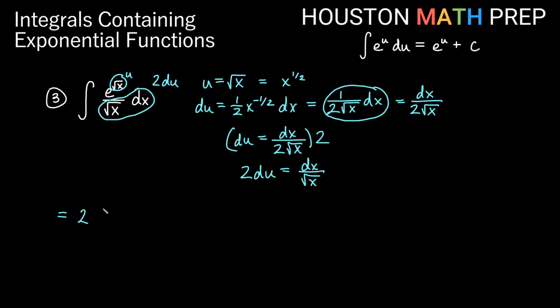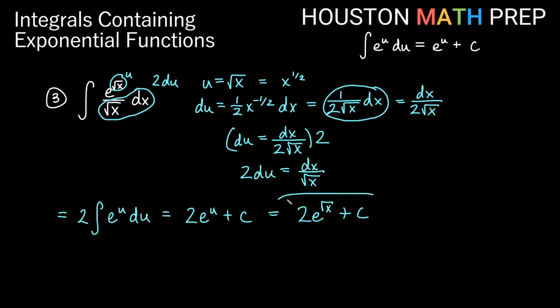So we'll get 2 integral of e to the u du. And this is easy, right? Just an exponential rule. Antiderivative of e to the u is e to the u, so we'll get 2e to the u plus c. And now let's replace our u, right? U is square root x, so we'll say 2e to the square root x plus c.